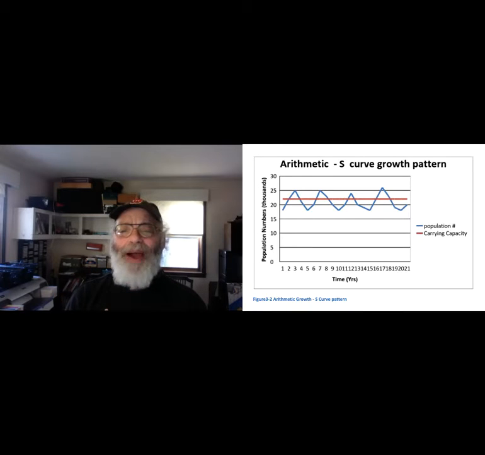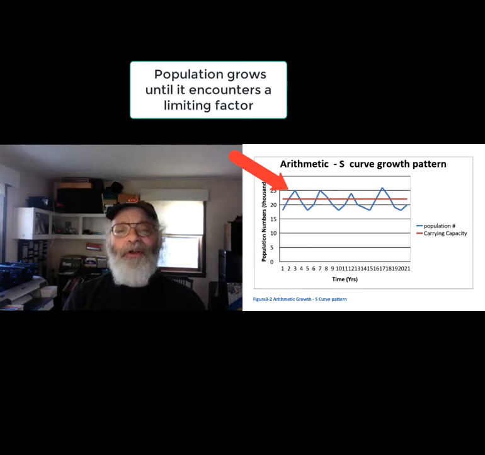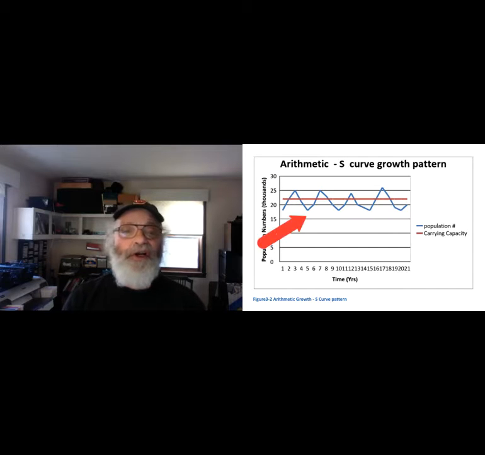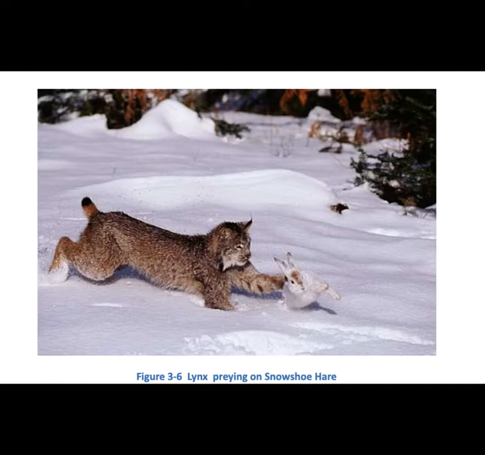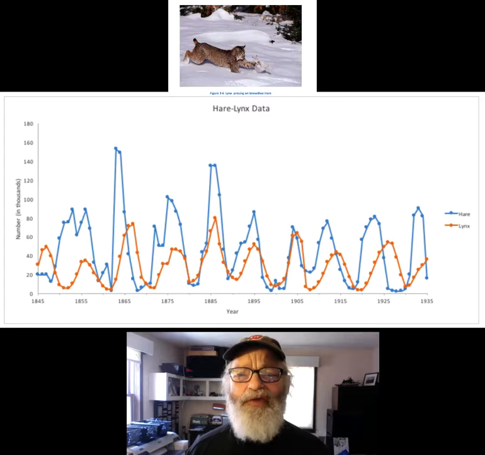Times are good and the population grows, till it reaches a limiting factor, like lack of food or water, disease, or more predators, and then it shrinks, till the pressure is relieved and it can grow again. A great example of this can be seen in data taken from the Hudson's Bay Company over 90 years of their numbers of pelts of both snowshoe hare and lynx collected each year.